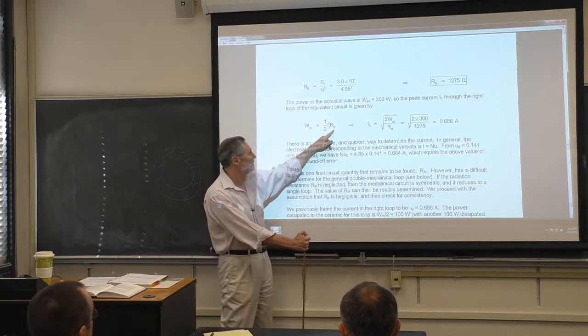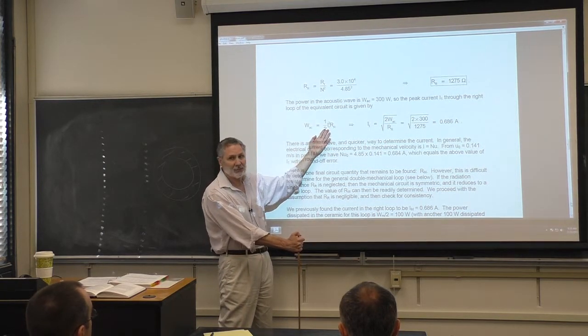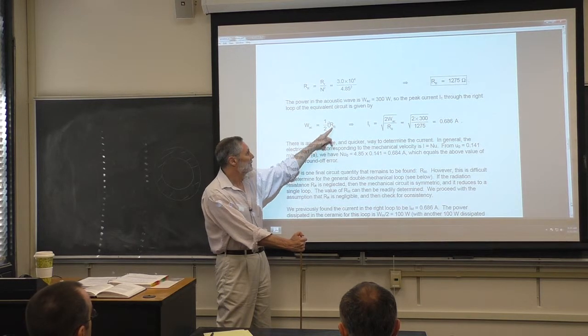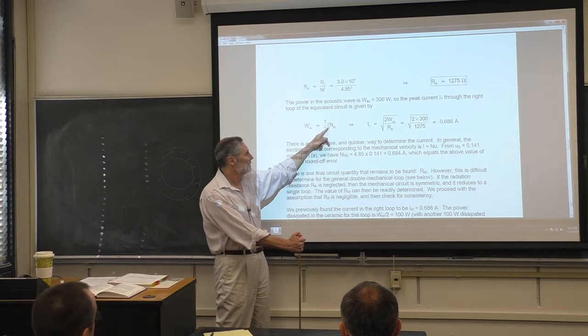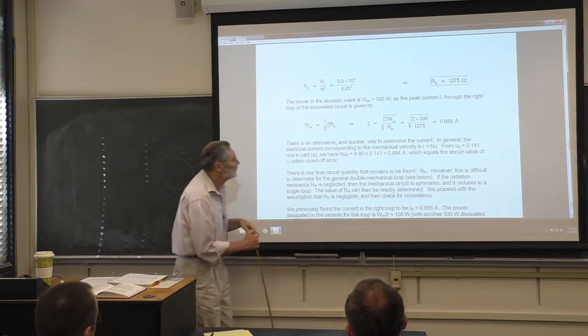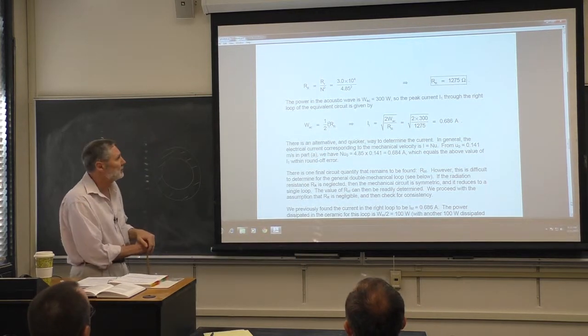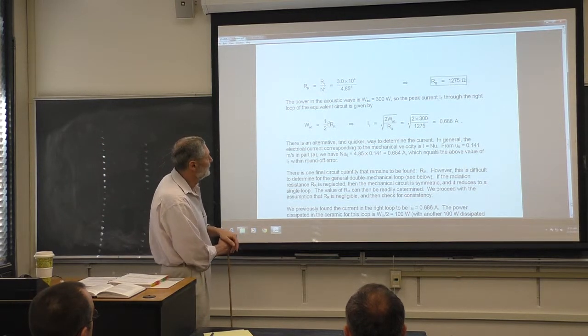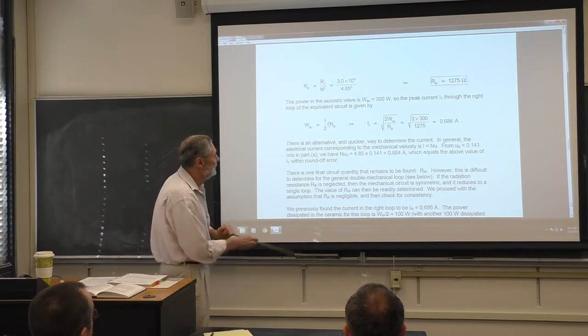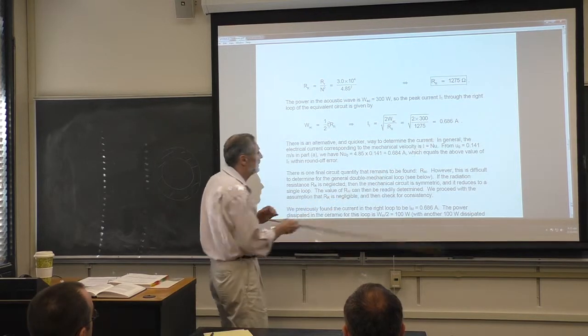This is the electrical resistance corresponding to the radiation resistance. So instead of the velocity, you have the current. So we can get that current in that part of the loop, and we get this. So many amps, okay?